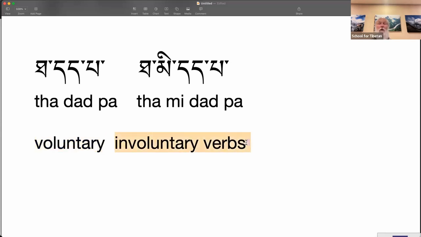Or involuntary verbs, in which maybe you do, no? This is a more blurred category, because the main point is if the result is directly under your control. Not really if you want to do it or not, but if the result comes out when you do the action, if it's certain.